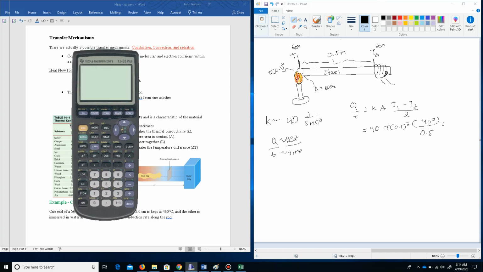So if we calculate this, 40 times pi times 0.1 squared times 40 divided by 0.5, you get a heat flow of 100.53 joules per second.